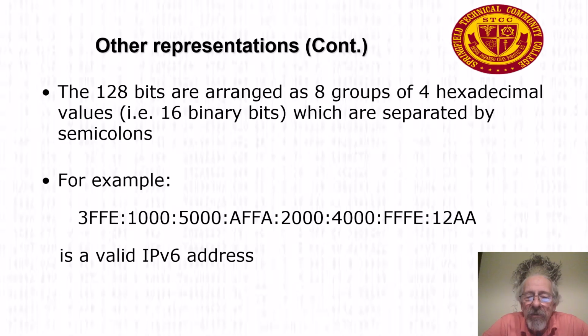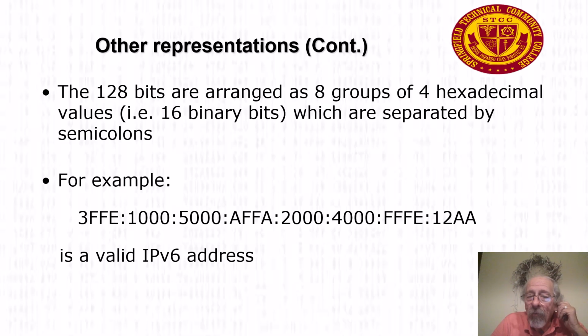And I'm getting caught up in the same thing that most people would do. We don't say 1,000, 5,000, 2,000, and 4,000, at least we shouldn't, because those aren't decimal numbers. We're saying 1000, which is 4 hexadecimal digits, which represents 16 binary bits. And that example there is a valid IP version 6 address.